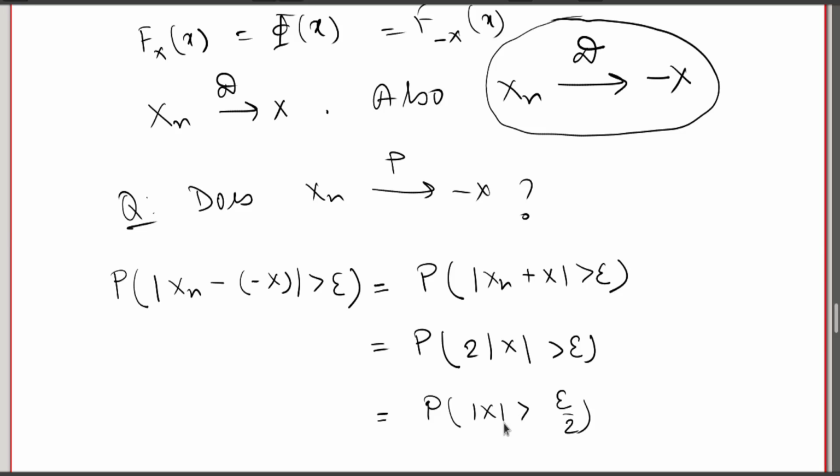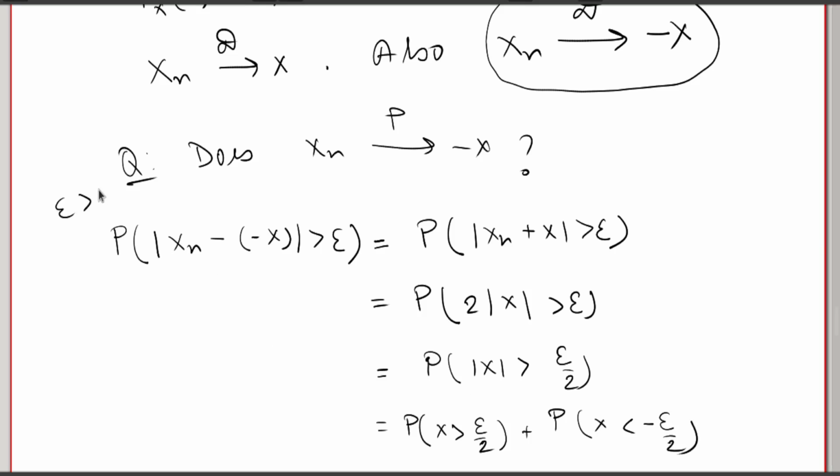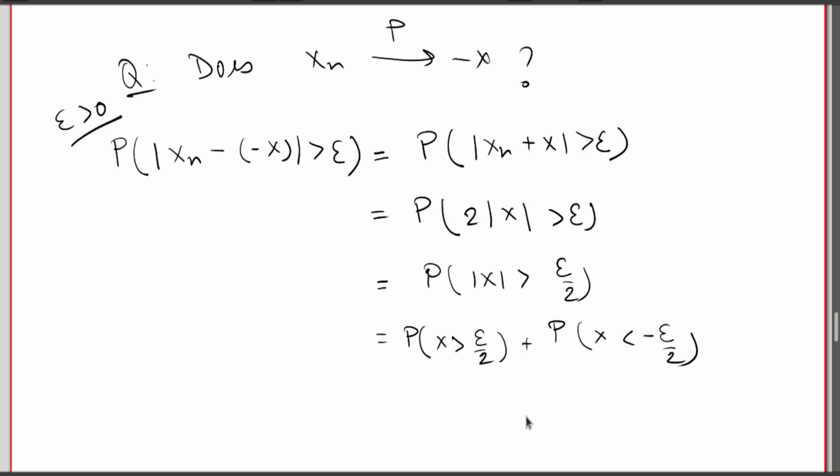That means either X is bigger than epsilon by 2 or less than minus epsilon by 2. So it is the probability that X is greater than epsilon by 2, plus the probability that X is less than minus epsilon by 2. Note that epsilon is greater than 0.